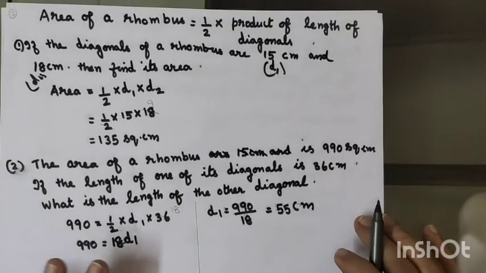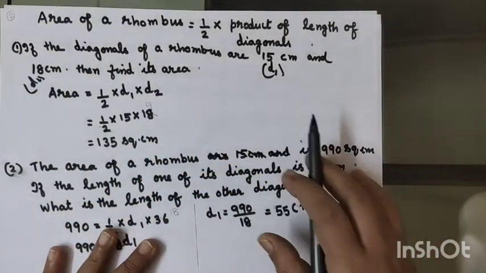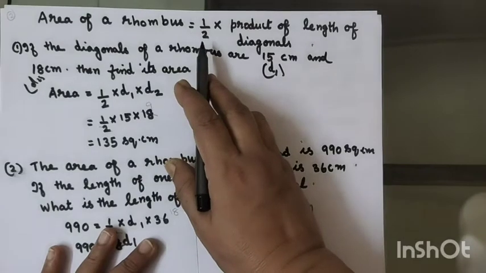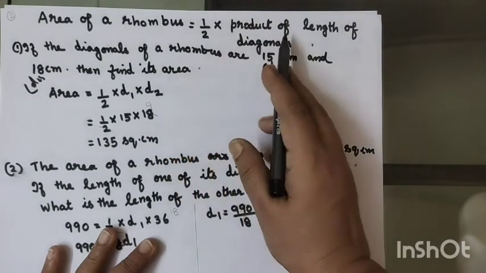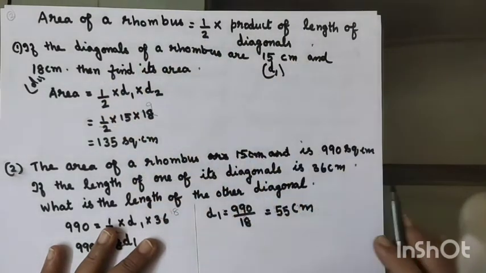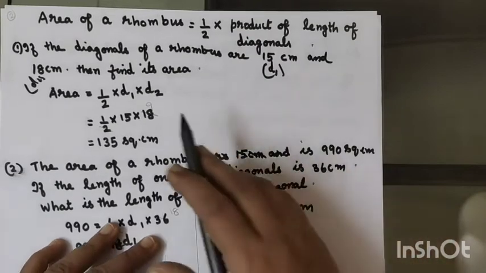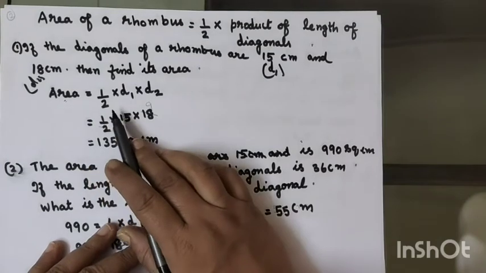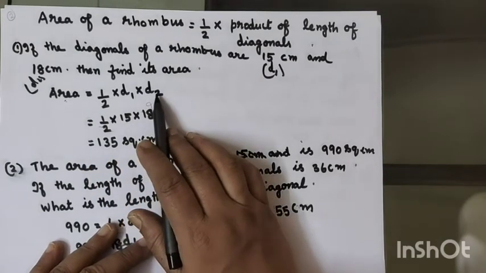So children, what is the formula to find area of a rhombus? Area of a rhombus is equal to half into product of length of diagonals. Now, children, repeat the formula with me. Area of a rhombus equal to half into product of length of diagonals. In short, you can write area is equal to half into D1 into D2.